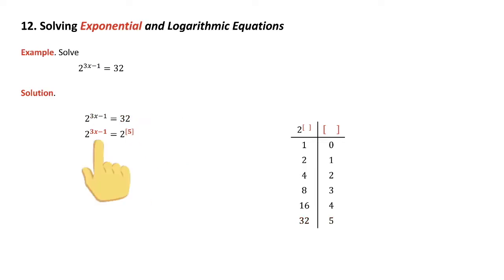So now, they have the same base, so the powers have to be equal. 3x minus 1 has to be 5. That's the new feature, and you're going to get an algebraic equation here. You just solve it for x. Don't be intimidated. It's just basic algebra. Bring the 1 over, divide by 3, and x equals 2.